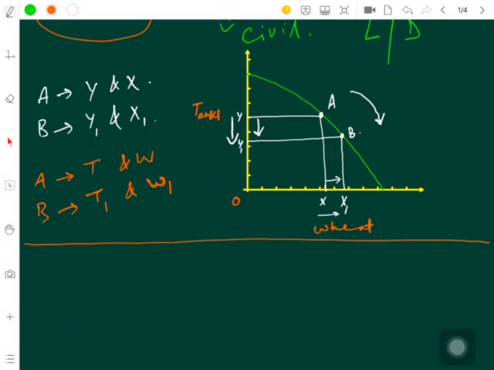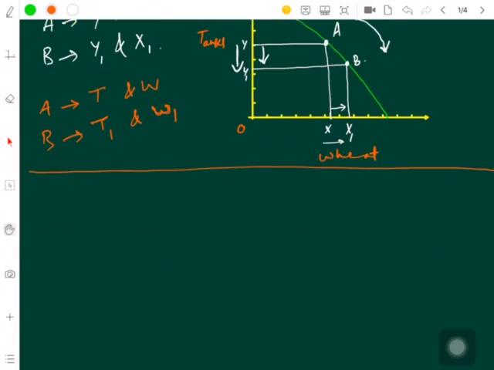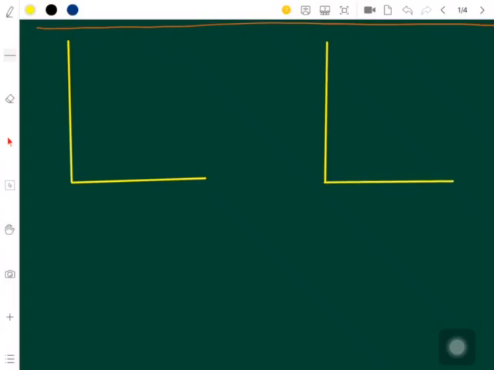The shift can occur in different ways. It can be a leftward shift and a rightward shift. Let me draw two production possibility curves for you in advance. This is my y-axis, this is my x-axis. It is basically read as y-axis upon x-axis.